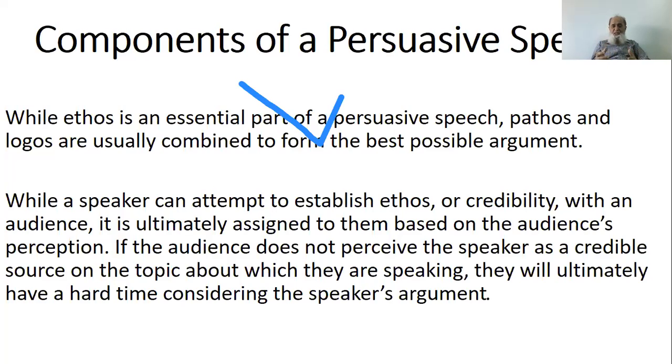what are the sources of the speaker when he describes the topic or when he describes the product? If the source is not strong enough to convince the audience, then they will not be convinced to agree with the point of view of the speaker.